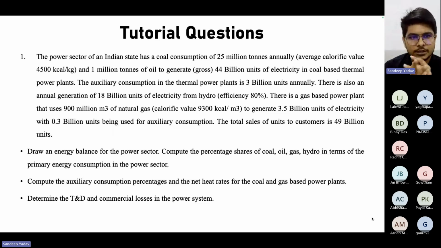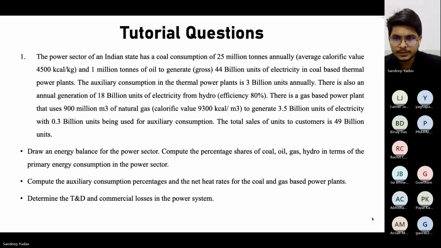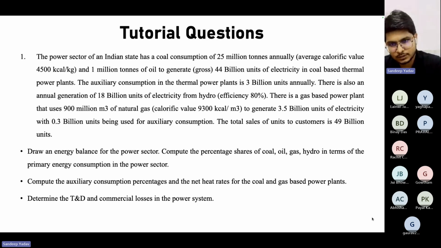There is also an annual generation of 18 billion units of electricity from hydro, having an efficiency of 80%. There is a gas-based power plant that uses 900 million meter cube of natural gas, having a calorific value of 9,300 kilocalorie per meter cube, to generate 3.5 billion units of electricity, with 0.3 billion units being used for auxiliary consumption.